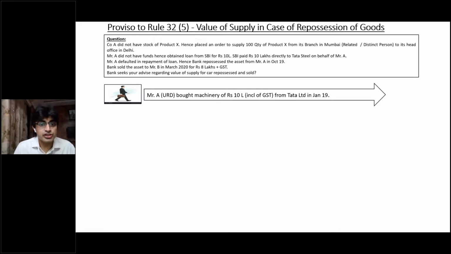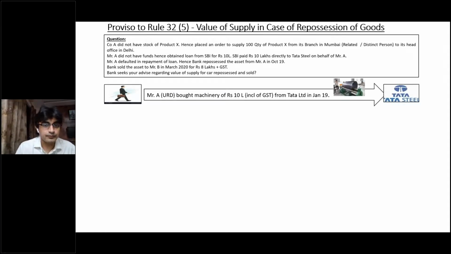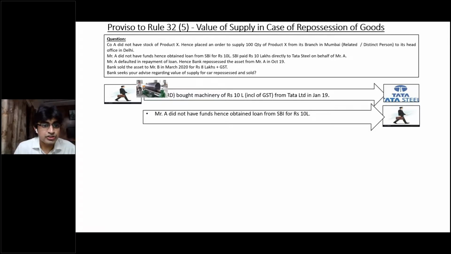Mr. A bought machinery of 10 lakh rupees inclusive of GST from Tata Limited in January 19. 10 लाख का कोई मशीन खरीदा in January 19 from Tata Limited. ठीक है, ये ले मशीन आ गया. But what was happening? Mr. A did not have funds. Mr. A के पास पैसा नहीं था to buy this machine. Hence obtained loan from SBI for 10 lakh.